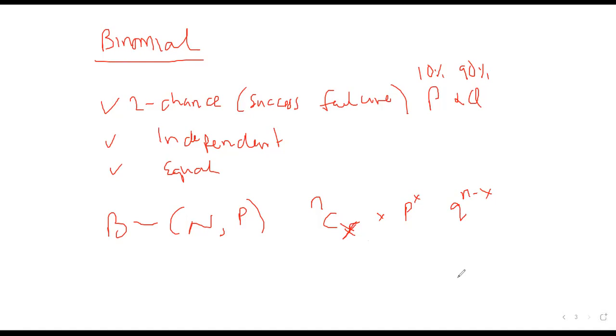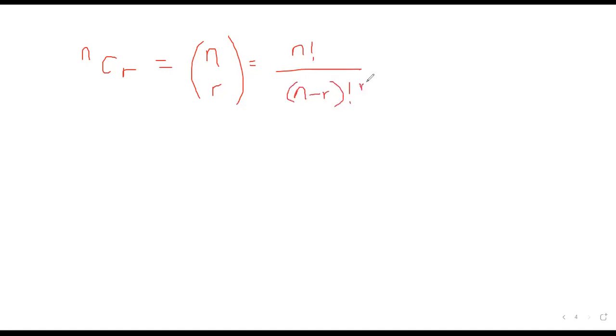When we go to the calculator, the combination n C R is given by n factorial over n minus R factorial times R factorial.